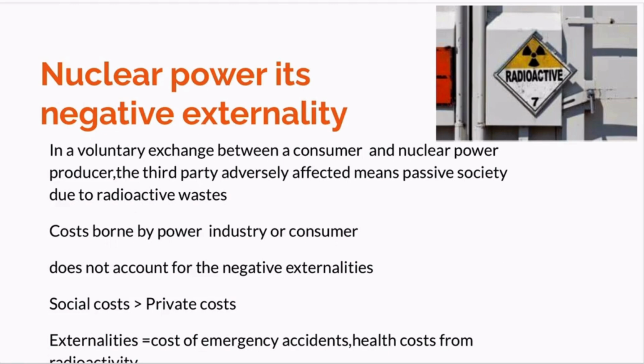And this cost, which goes to the third party, is neither borne by the power industry nor by the consumers who might receive that electricity, right? But if, let us say, the consumers or the nuclear power industry is made to spend for the accidental deaths or the health cost from radioactivity or the cost of emergency, then that becomes the cost because of externalities. And if those are added to the private cost, that would give us the social cost. Okay.